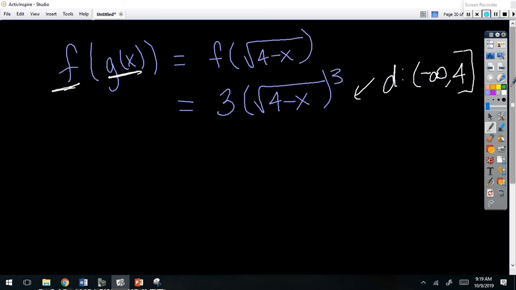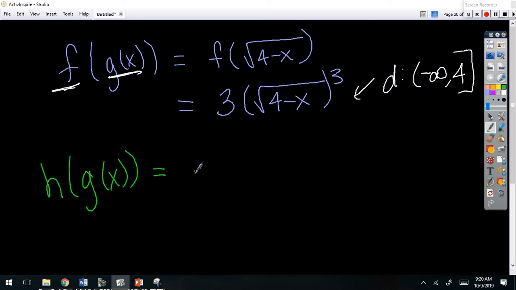Then how about what is h of g of x? So h is x squared, right?